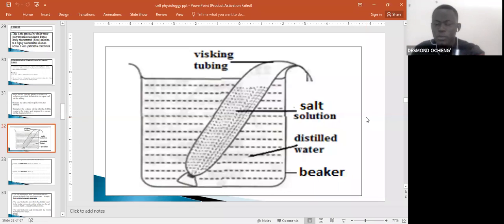But I think Ernest Mumo is asking the question because of the setup here. So in this setup, we can say that the salt solution is the hypertonic solution, while the distilled water is the hypotonic solution. So the salt solution is our hypertonic solution, while the distilled water is our hypotonic solution.